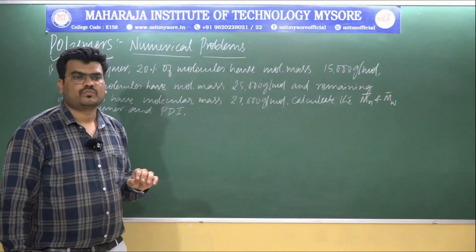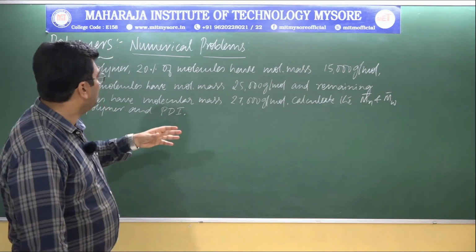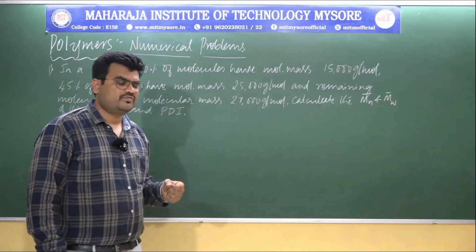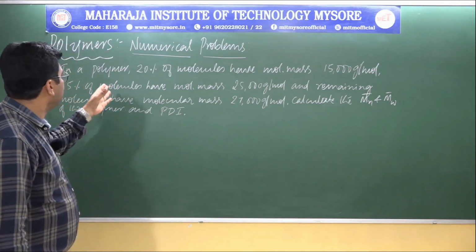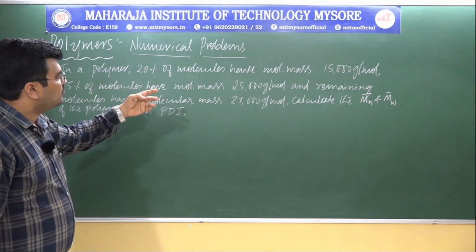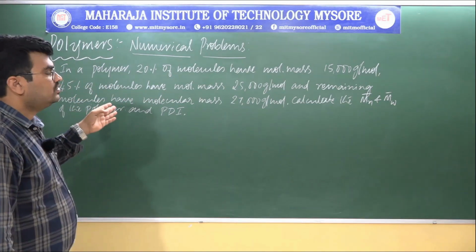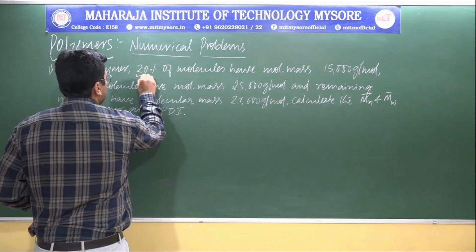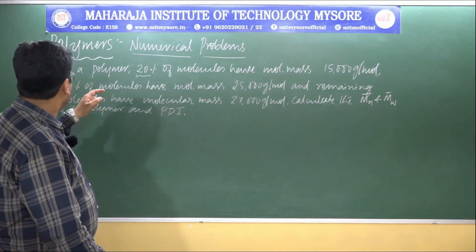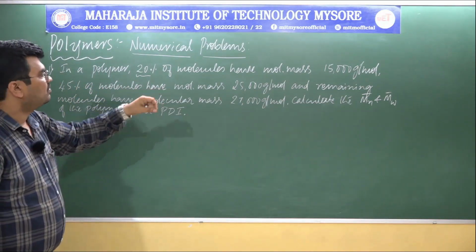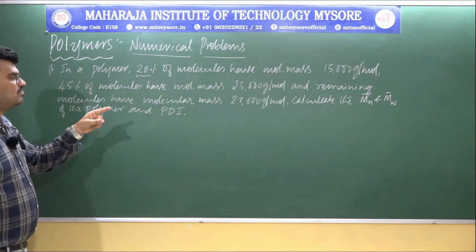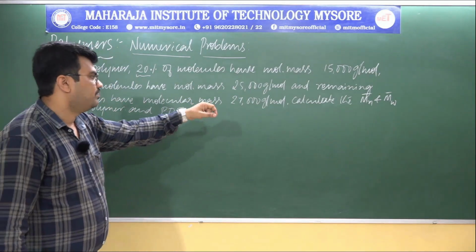So dear students, now let us take some numerical problems on the average molecular weight of polymers. This is one sample example I have taken. In a polymer, say 20% of the molecules have molecular mass 15,000 gram per mole, and 45% of the molecules have molecular mass 25,000 gram per mole, and the remaining molecules have molecular mass 27,000 gram per mole.